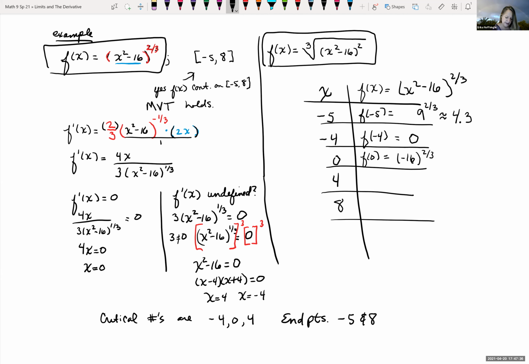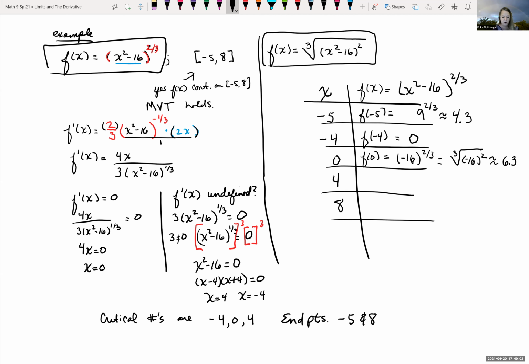Well, this is the cubed root of negative 16 squared, so I'm not sure why it's telling me I have an error. Just pause for a sec. Okay, so the cubed root of negative 16 quantity squared is 6.3.